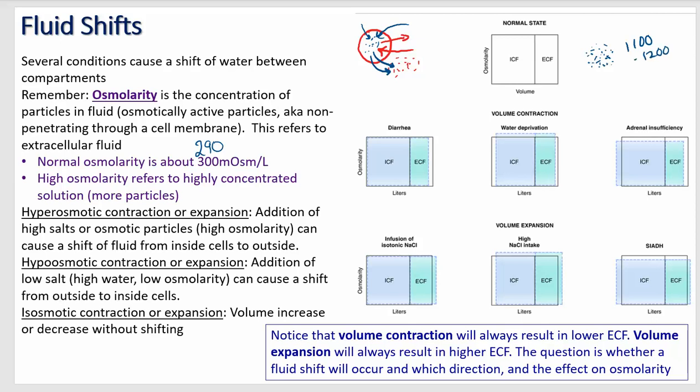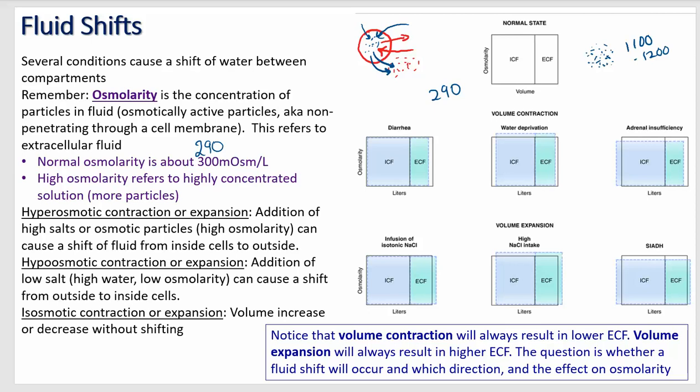So that's high osmolarity. Low osmolarity: even though it's about 290 in the blood, you can drop it way lower, 200, 180, that kind of thing. And that's low osmolarity.